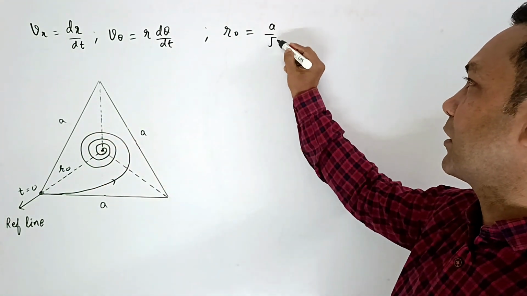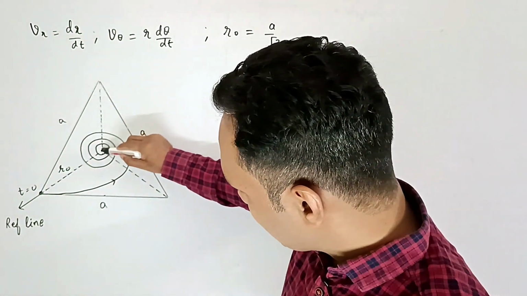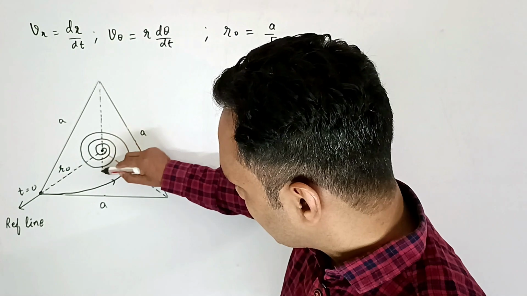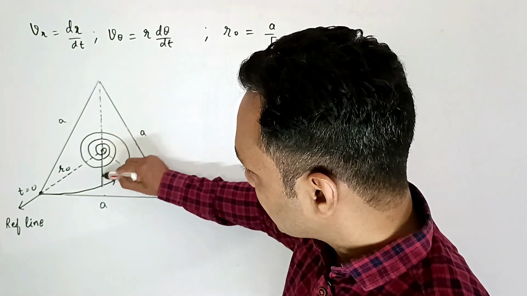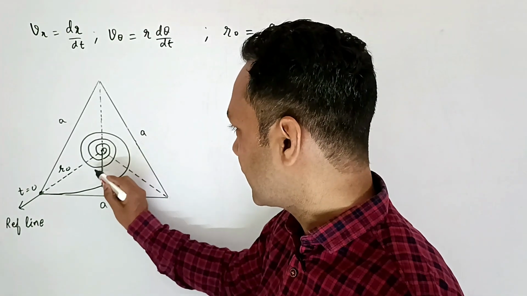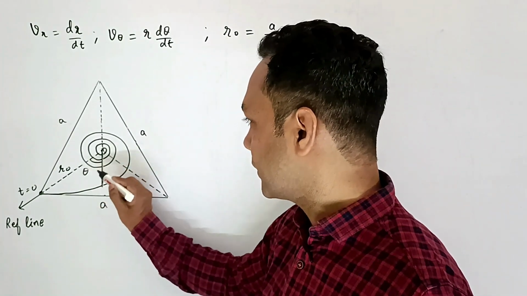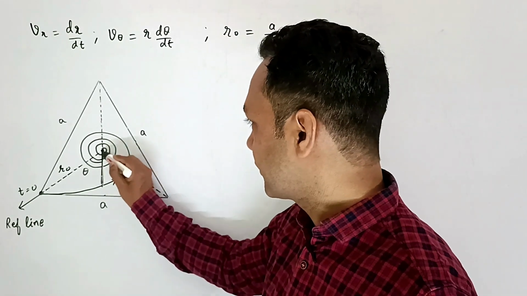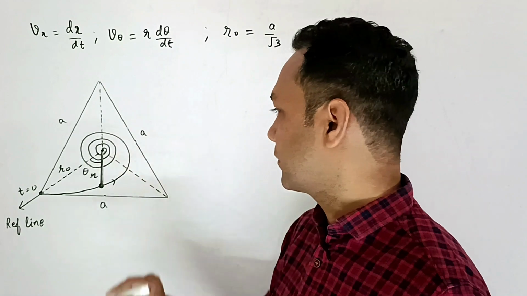So r naught is a by root 3. Now suppose after some time the particle reaches somewhere here. The particle has rotated by angle theta. This angle is theta, and this is the general separation.